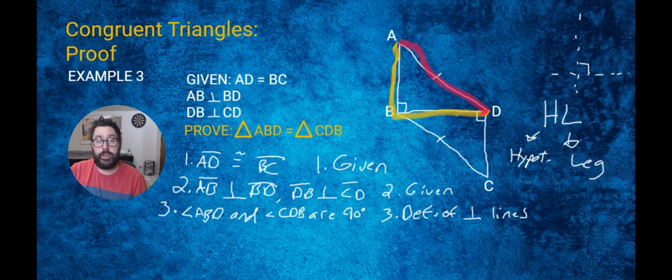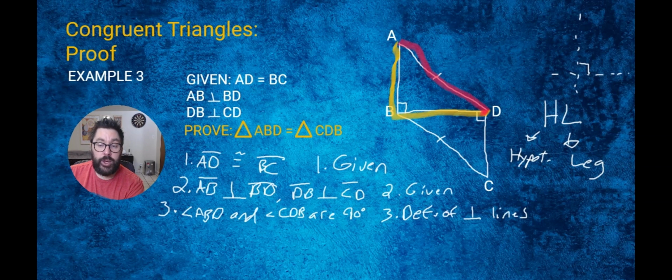Basically, if you have two right triangles, and the hypotenuses are the same length, and one of those legs are the same length, that is all you need to say the two triangles are congruent.